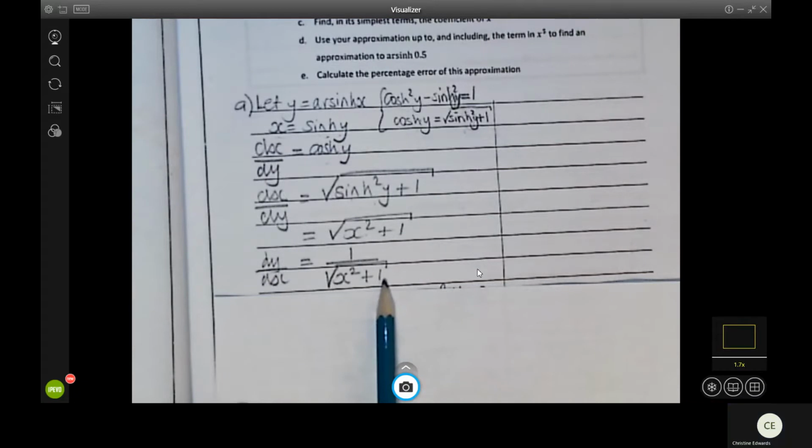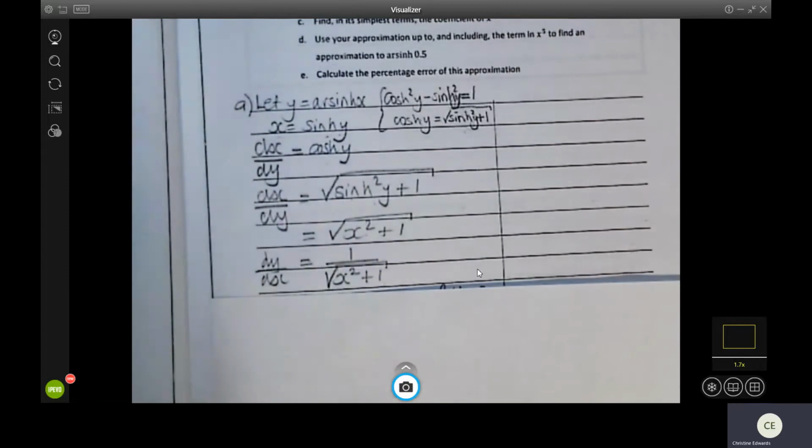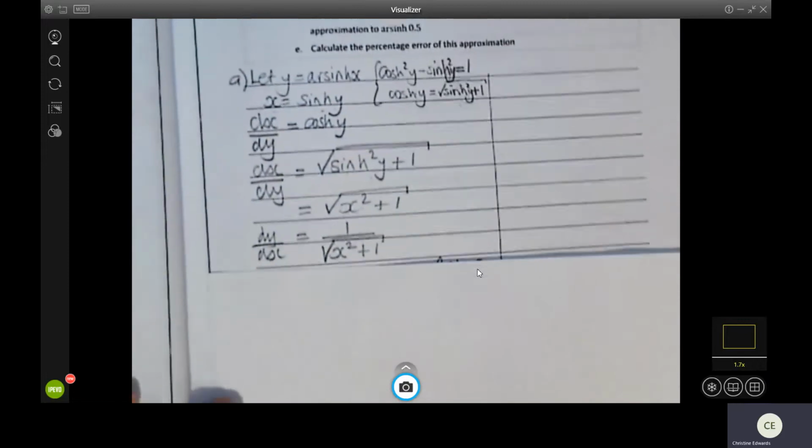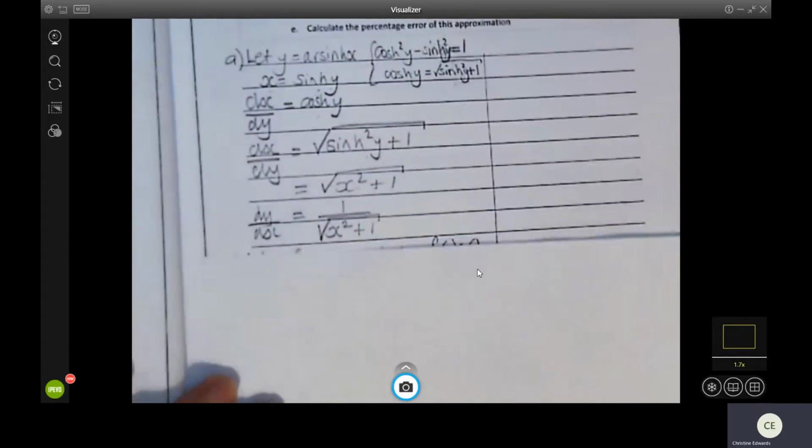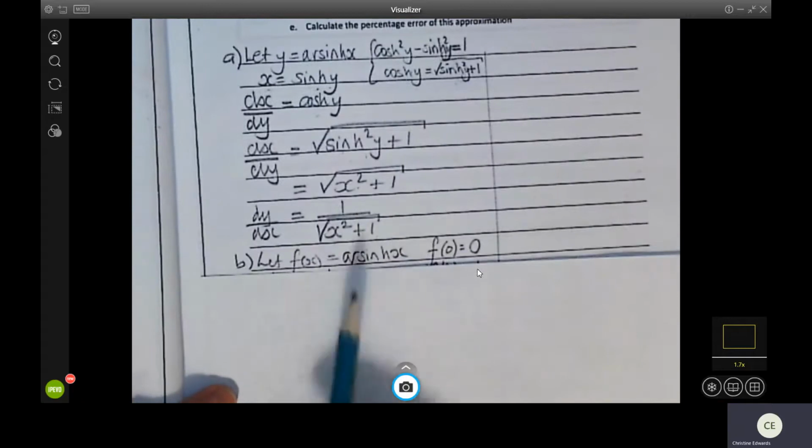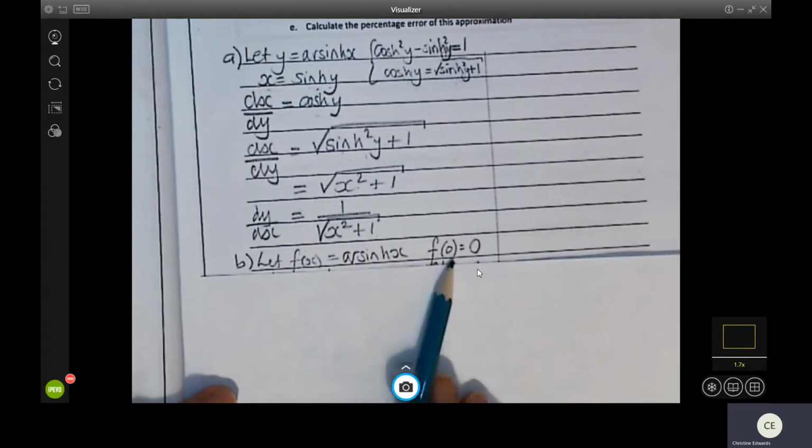So that's how to derive the inverse hyperbolic differentiation result. Now let's have a look at B, where we are using Maclaurin's. We're going to let f of x be arcsinh of x, and we need to know its value when x is 0.